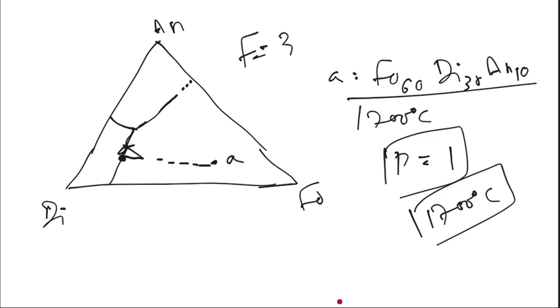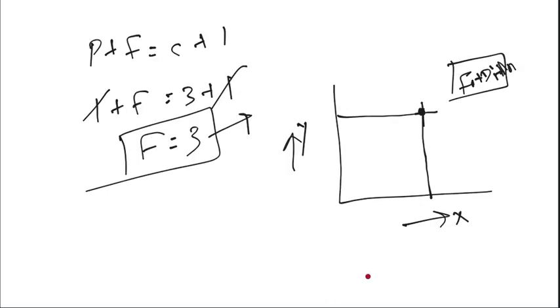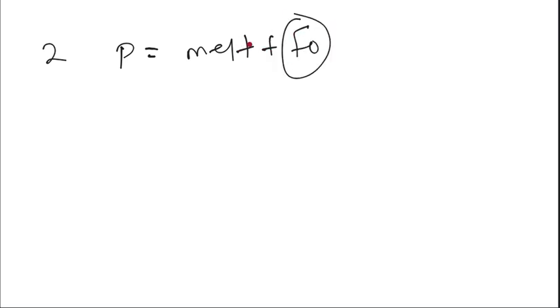Now the phase becomes 2. What are these phases? One is melt and another is phosphorite solid.